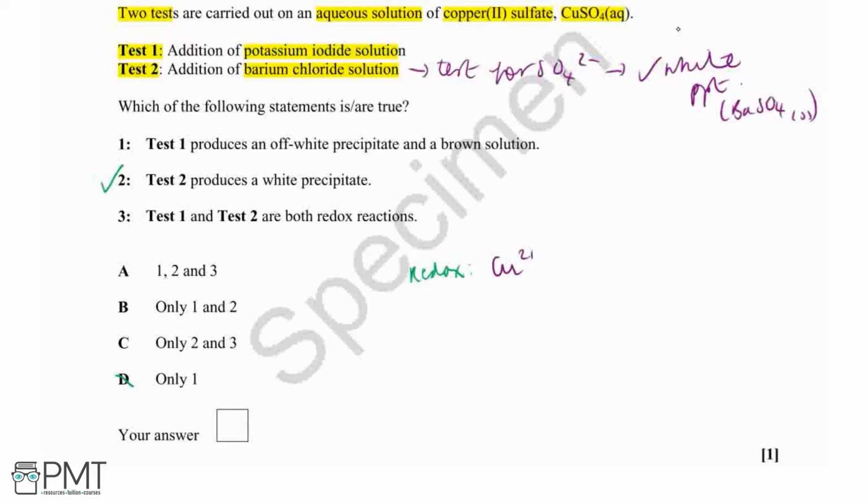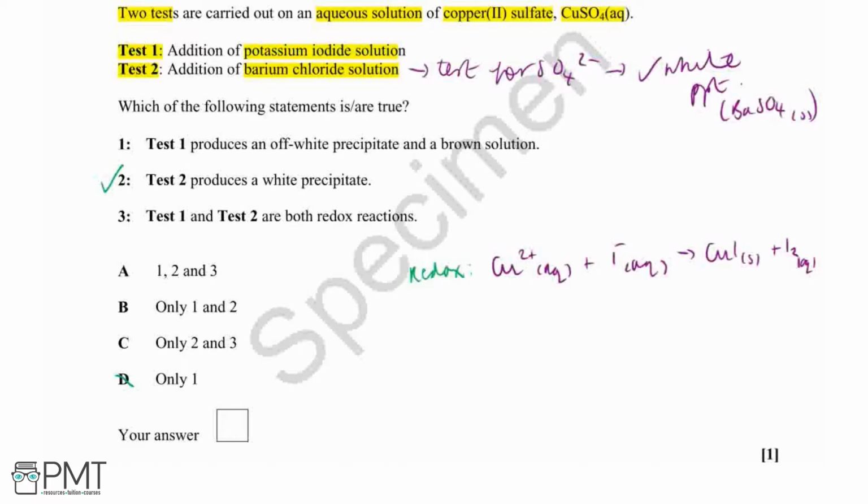So we have our copper 2+ ions in solution reacting with the iodide ions from the potassium iodide solution. From this, we produce copper iodide solid and iodine solution. Just balancing this up, we're going to need to balance the charges and the oxidation states.